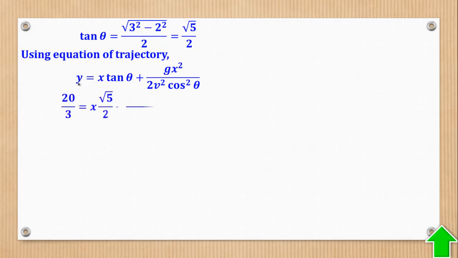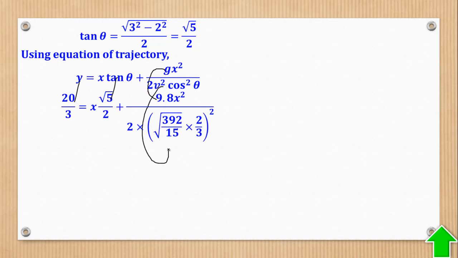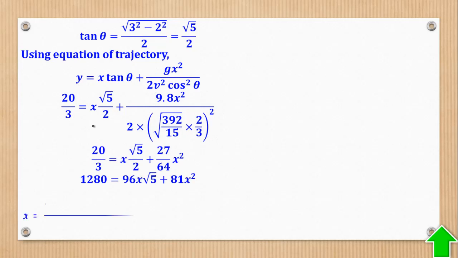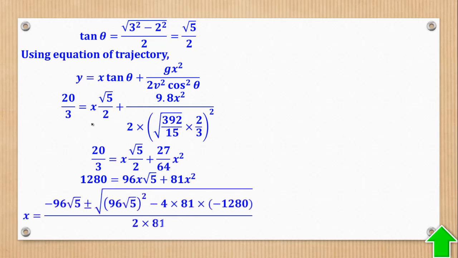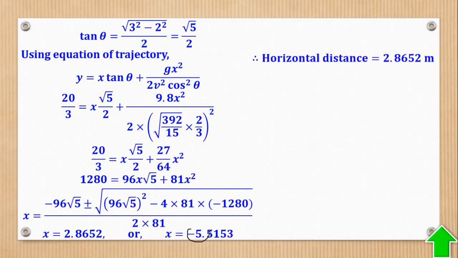Then we substitute for y, for tan theta, for g, for v squared, and for cos theta squared. When we simplify, we shall come up with this, which gives us a quadratic equation. It can be solved using the formula method to give you two values, and we shall ignore the negative value and take the positive value as the horizontal distance.